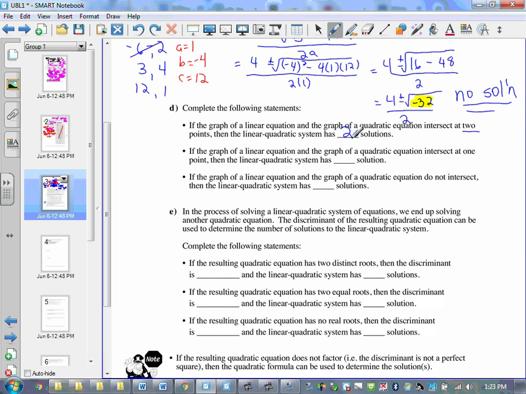If they intersect at 1 point, then our linear quadratic system has 1 solution. If they do not intersect, then our system has 0 solutions. Awesome. A quadratic equation is just like a parabola, an x squared.